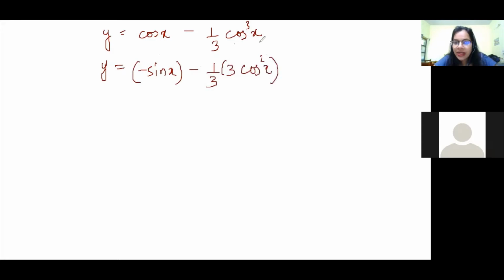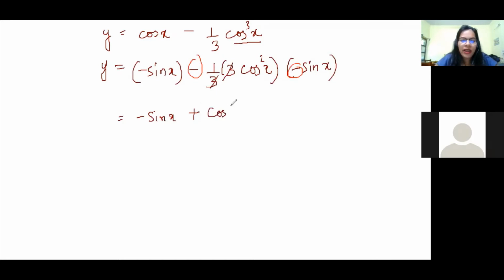Then dy by dx of cos x will give you minus sin x. So this becomes minus sin x. Here there is a minus and here there is a minus, so this will become plus.